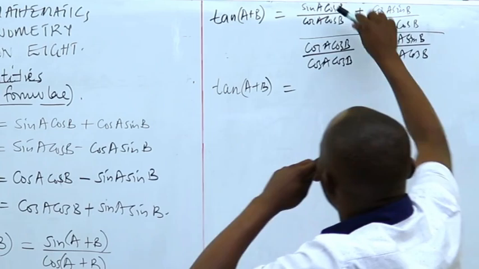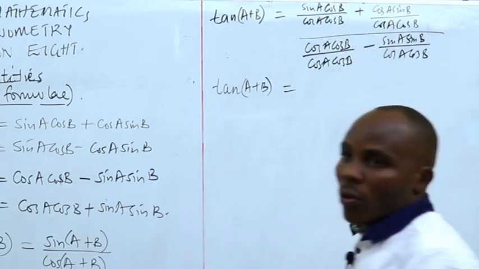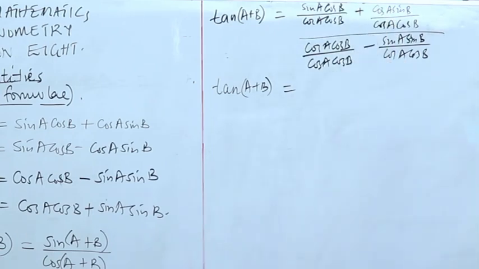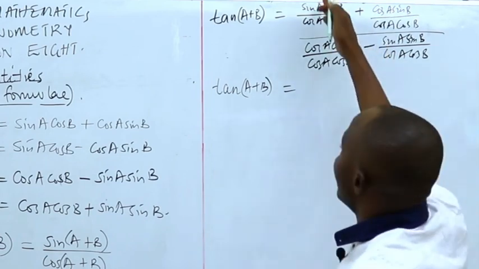From here I can see we have a common cos B, so the cos B disappears.